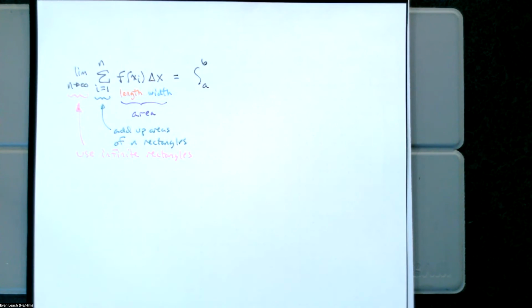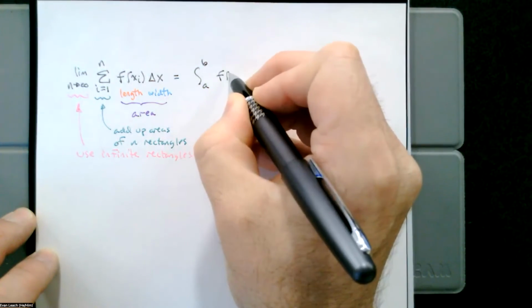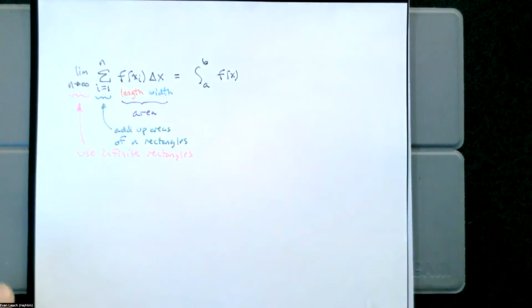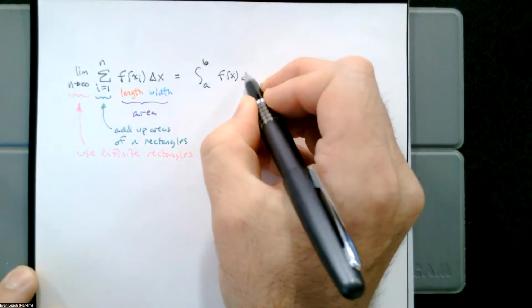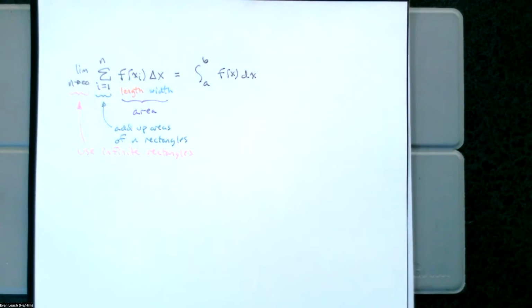That becomes the continuously variable f of x. And the delta x is our infinitely thin width, dx. So now we've got our continuously variable length and our infinitely thin width.